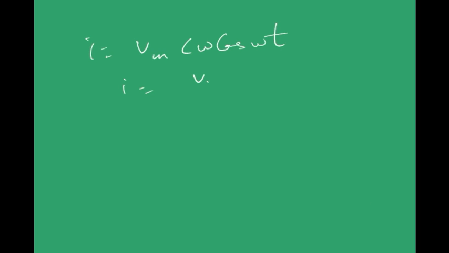I'll write the same equation in this form: Vm by 1 by omega C. Why am I writing it in this form? Because this 1 by omega C is acting as resistance and is known as capacitive reactance, just like we had inductive reactance in the previous video.